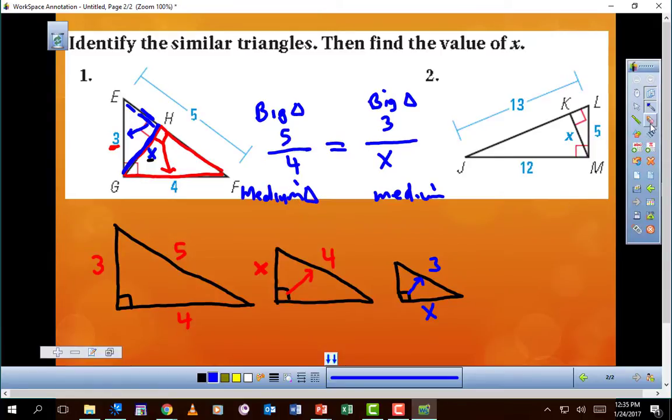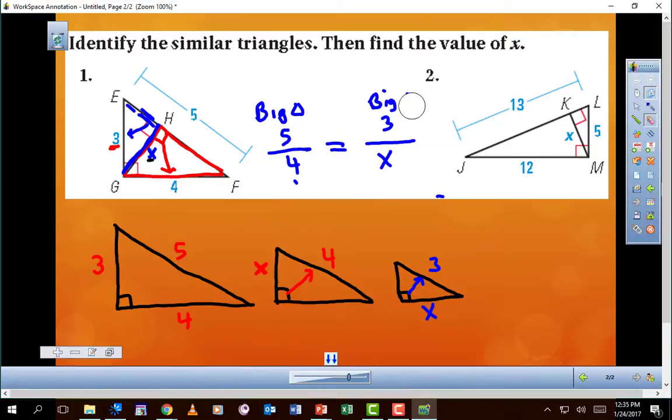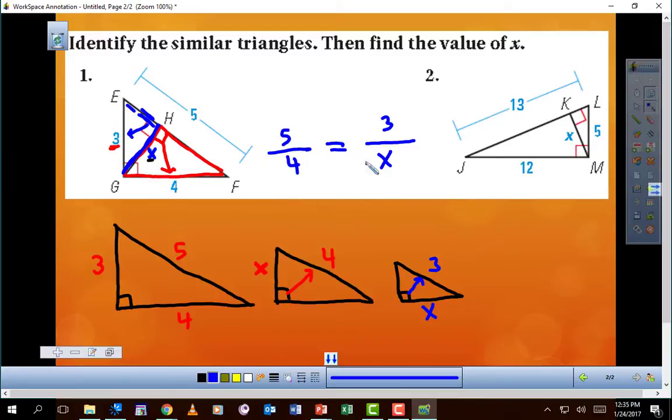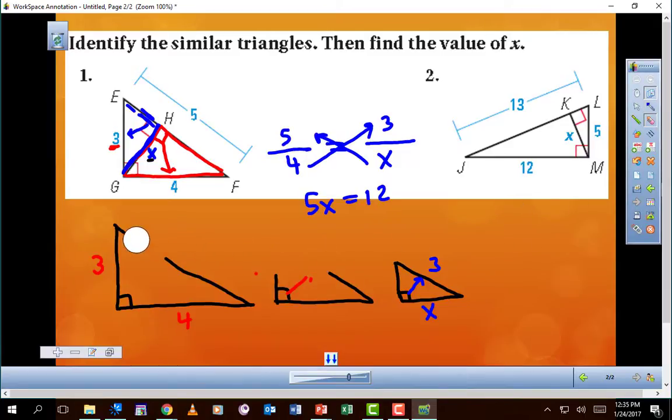Let me give myself some room by erasing some stuff, and now we will solve this proportion. Cross multiply this way, I get 5x. Cross multiply this way, I get 12. Then I simply divide by 5 on both sides.